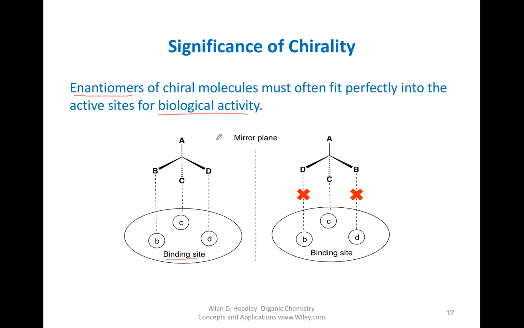So this is the one that is active, and this is the one that's not active. You'll see in the book different examples of enantiomers. Ibuprofen is one, in which its mirror image is not the same as the original. One is active, and the other one is even more effective in headaches and so on.